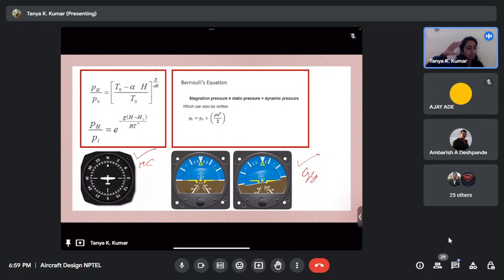This elevator is on the horizontal tail, and when you deflect the elevator, you change the pitch. That is when the pilot wants the pitch to change. When you want to climb or something, he deflects the elevator up or down, and the pitch angle changes. But what structure brings it back to equilibrium is the tail, correct? So in the longitudinal case, it's the tail.